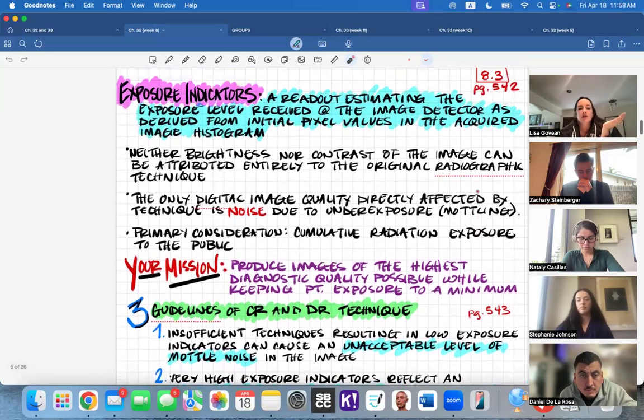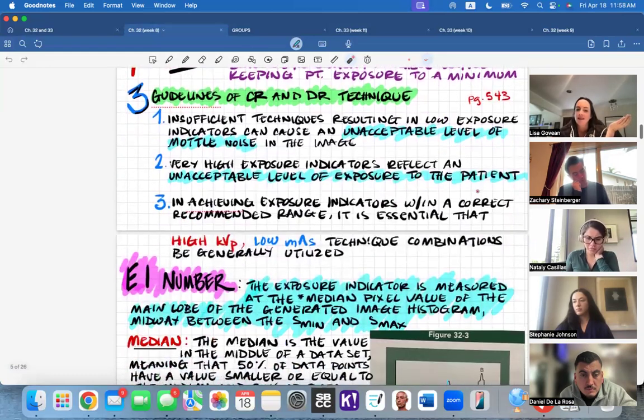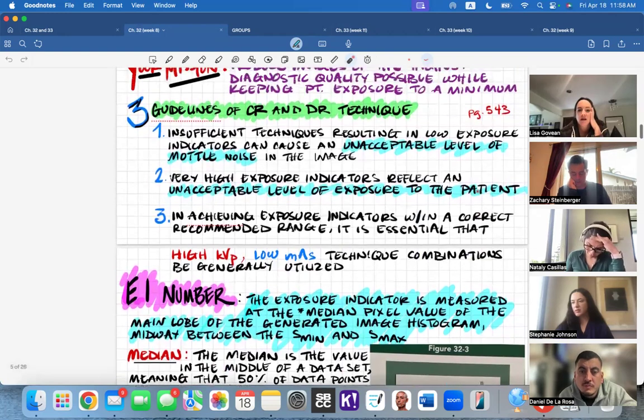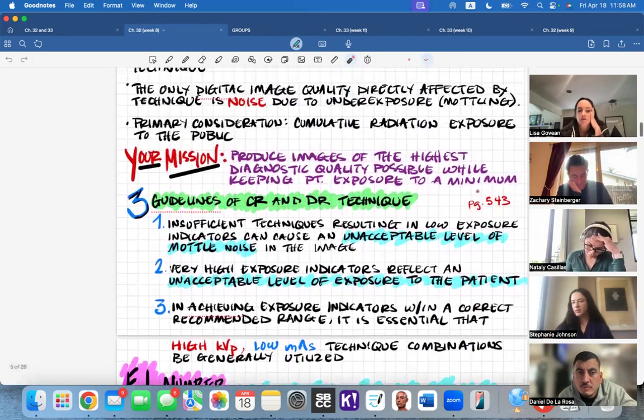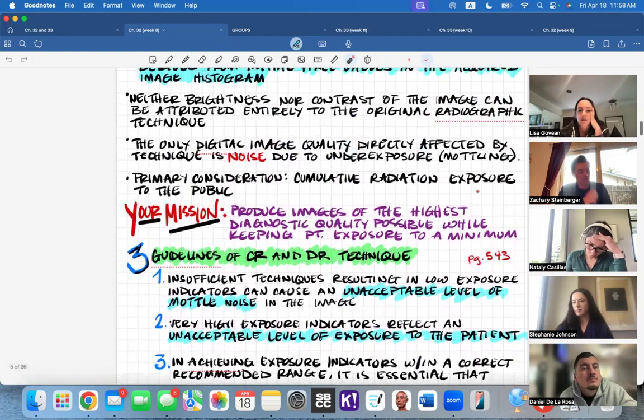I don't know, what's the difference between the exposure indicators? Is that just the reason behind the EI number? Is that where I'm confused? I thought that was the same thing. It is the same thing, kind of, right? Yeah, I just think it's a measurement. I think it's just giving you a ballpark, like a target value.